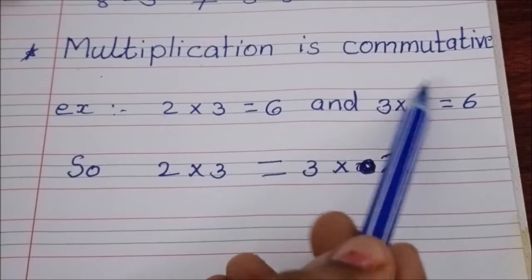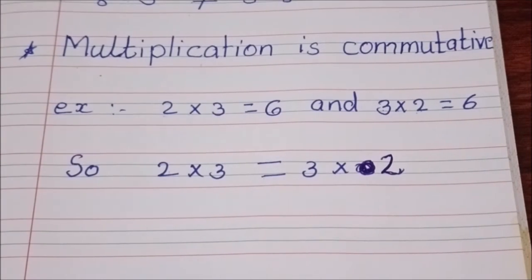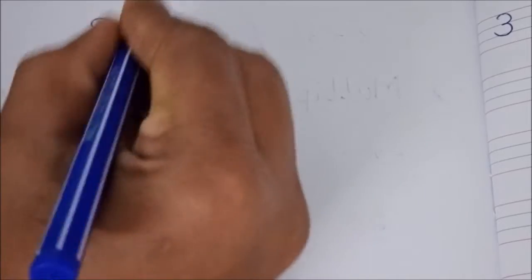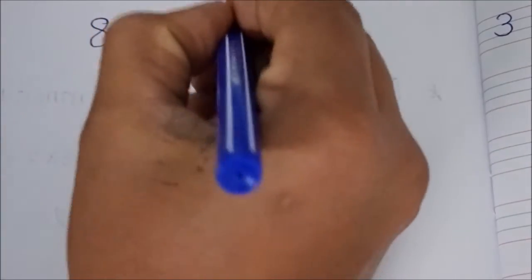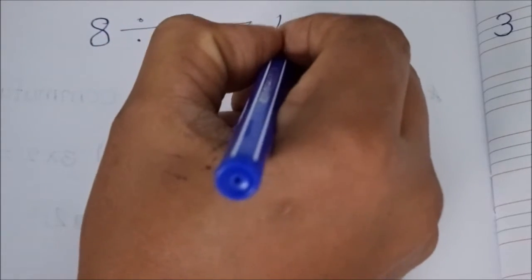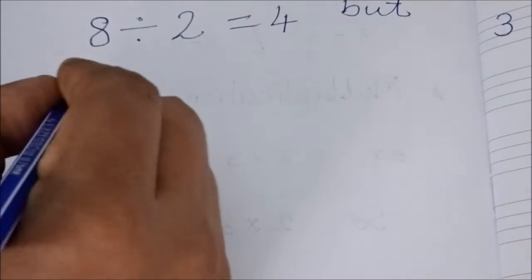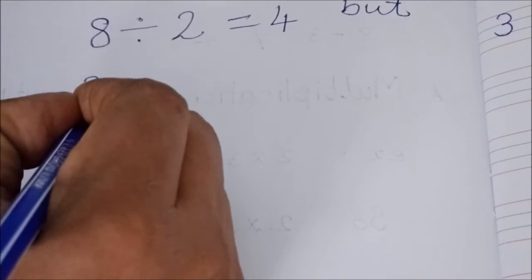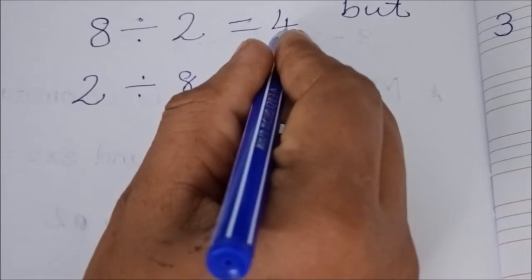Multiplication of all numbers is commutative. Got it? Now we will see division. The last operation is division. Let's check. 8 divided by 2 is equal to 4. But when the order is changed, is 2 divided by 8 equal to 4?